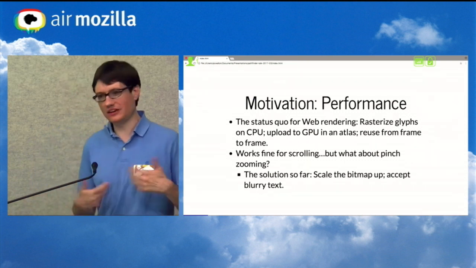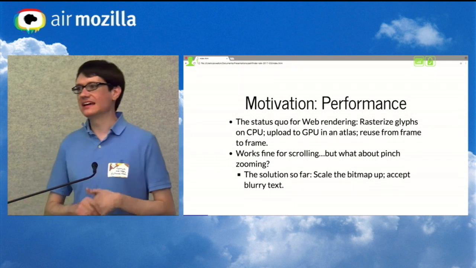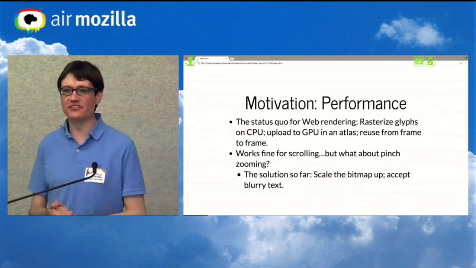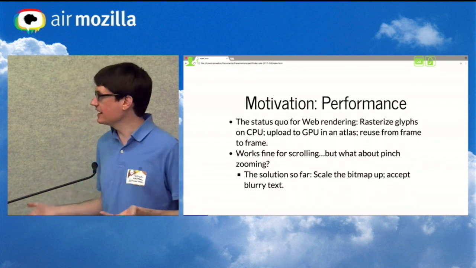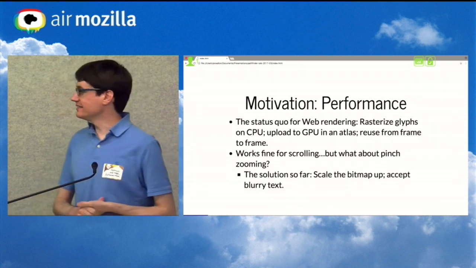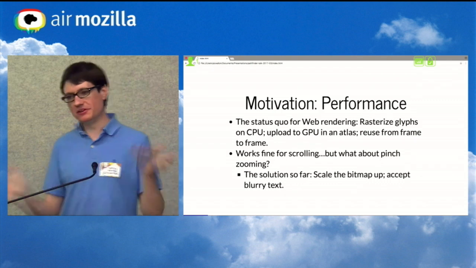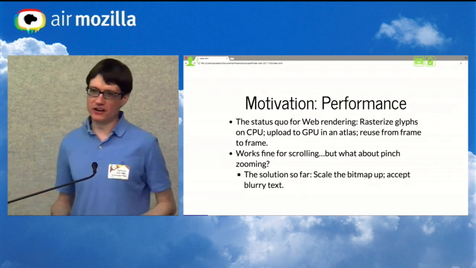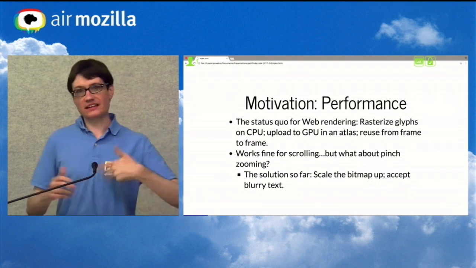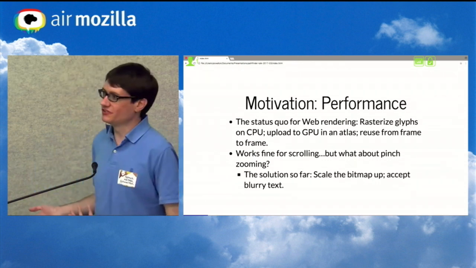The reason is that you can't rasterize fonts fast enough, or at least in many cases you can't. So you end up with blurry text, because they're just using a very simple GPU upscaling filter, and they're not actually re-rasterizing the font from scratch. So that's not the greatest user experience.